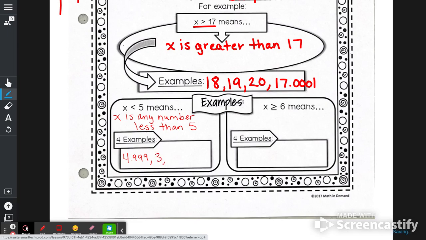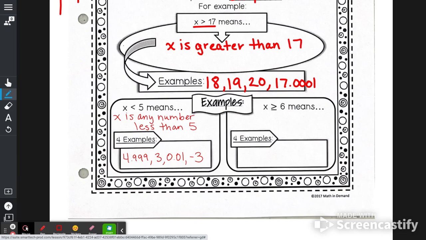Give me another one. 0.01, perfect. -3. Fantastic.